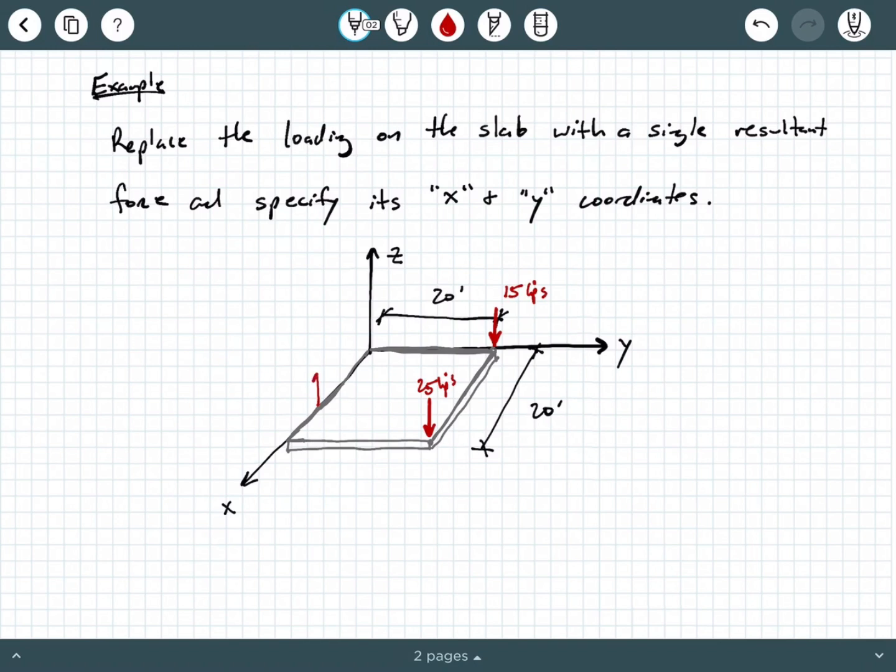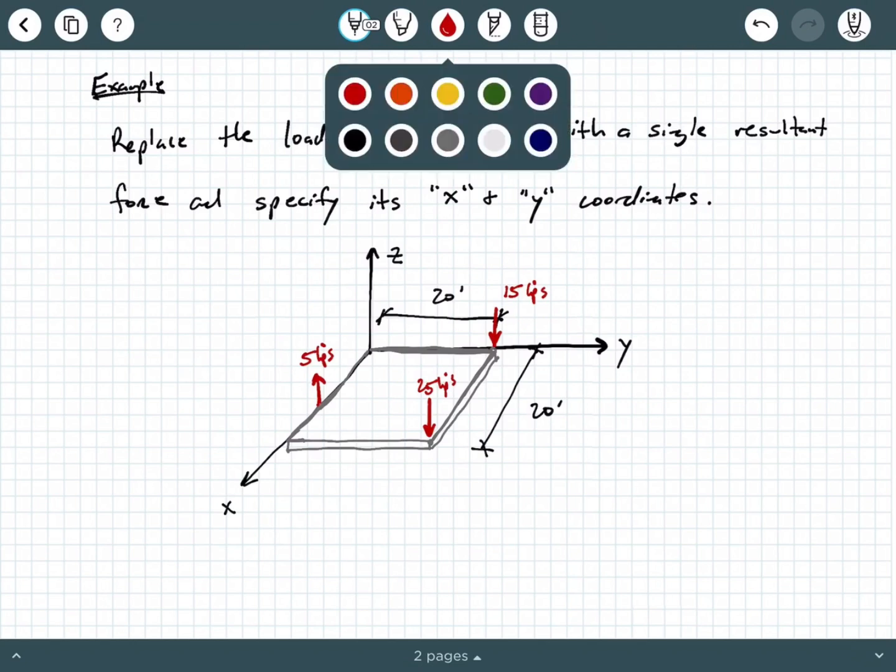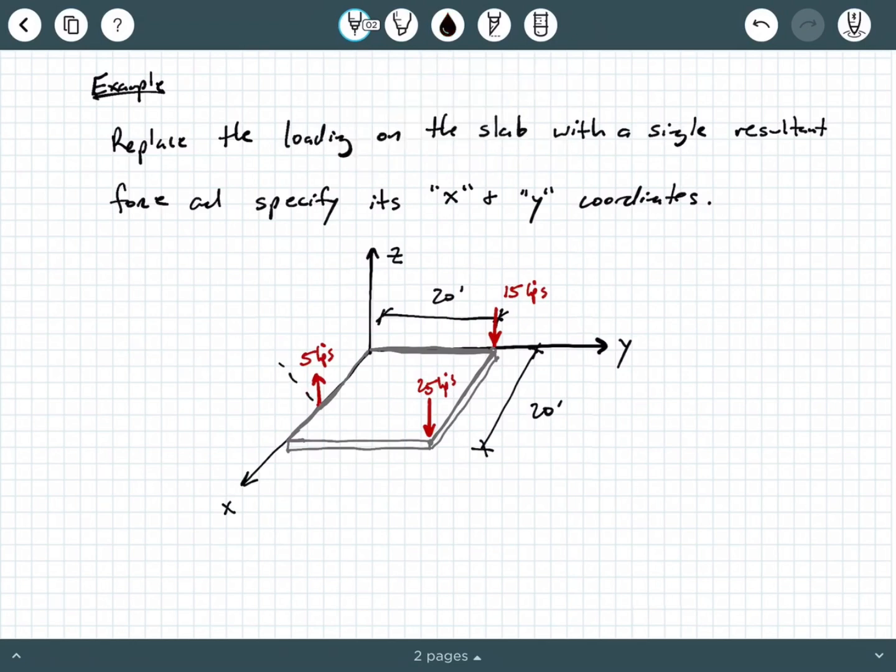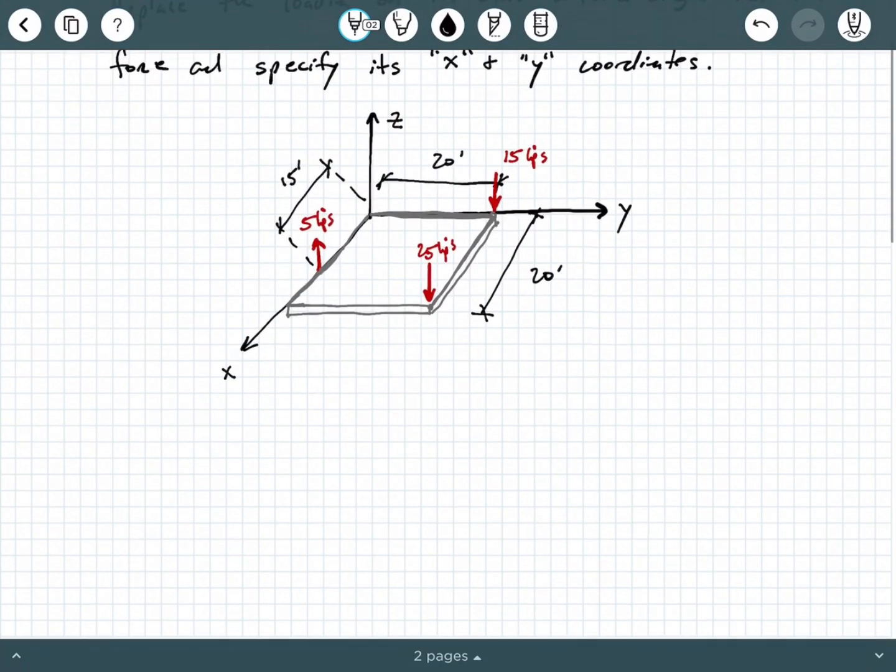And then I have something acting right here that's going to be 5 kips pulling up. So maybe I got something that's pulling up on the slab. And the location of that 5 kip load is going to be at 15 feet along the positive x-axis.